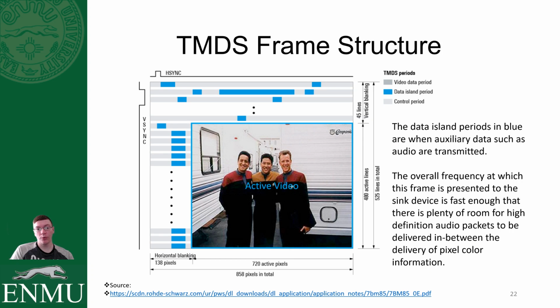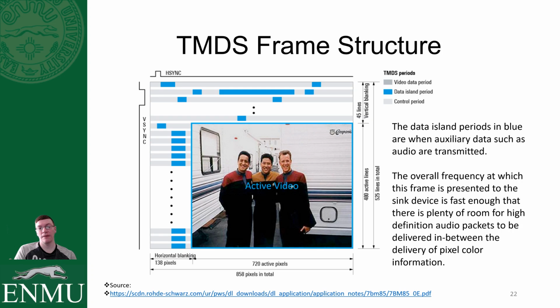So here's another way to visualize that data that's coming through. And what you've got is a couple of porches. What they used to call in the old CRT world is the front porch, back porch, and your blanking periods or your blanking intervals. Those are the areas above the screen and to the left of the screen where data other than just the active video lines can be transmitted, and that's where you're able to get, for every single frame, so one frame, which in a 60 frames per second setup, this amount of data is being transmitted 60 frames per second.